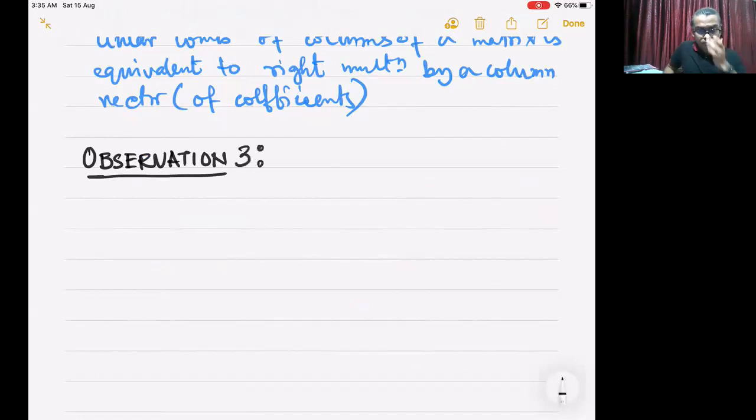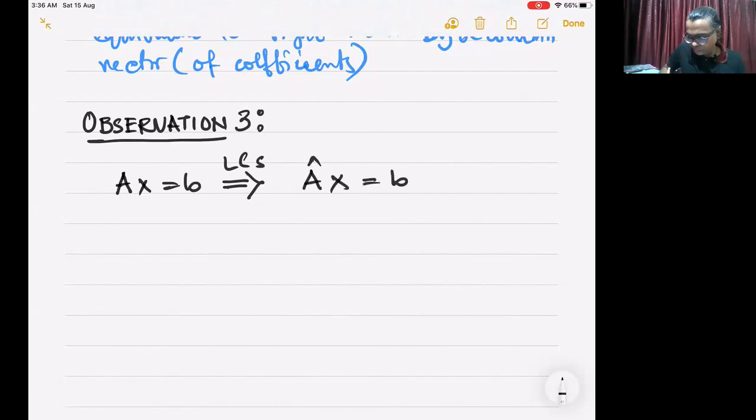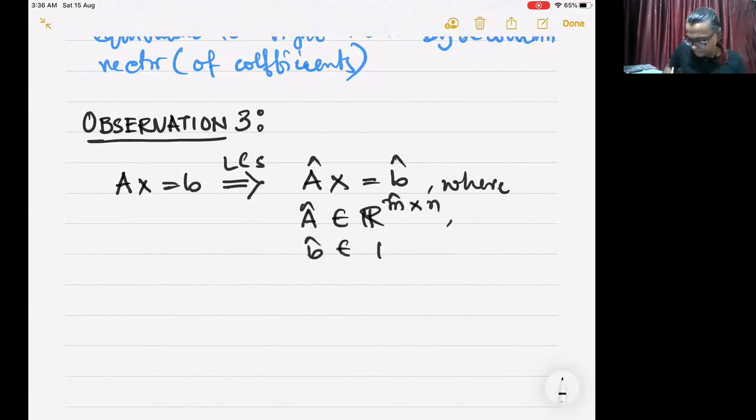So when I have Ax equal to B, a system of equations, suppose from here, by taking linear combinations, I have obtained A hat x equals B hat, where A hat belongs to a matrix M hat n, and B hat has M hat number of entries.